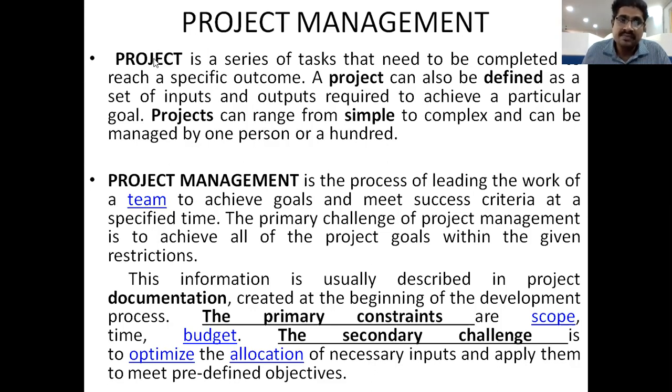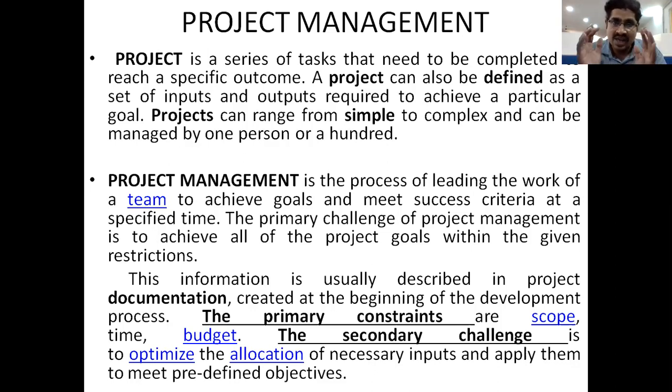So a project is also known as a contract. A contract is a series of tasks that need to be completed to reach a range of specific outcomes. Specific outcomes here means the accomplishment of a bridge, a flyover. Accomplishment means completion of the flyover. That is the output here.